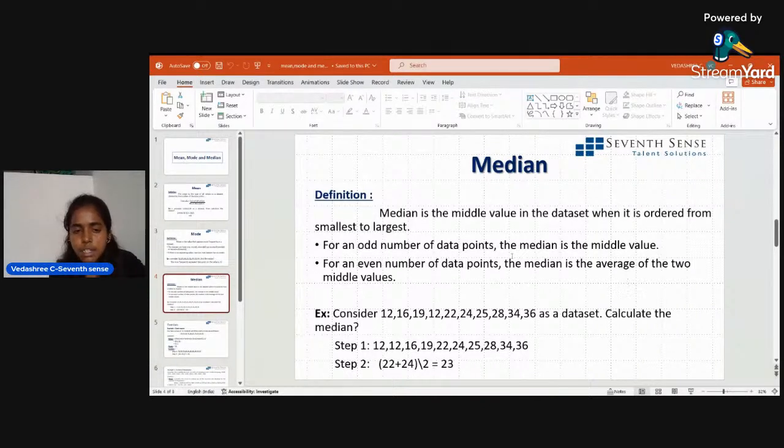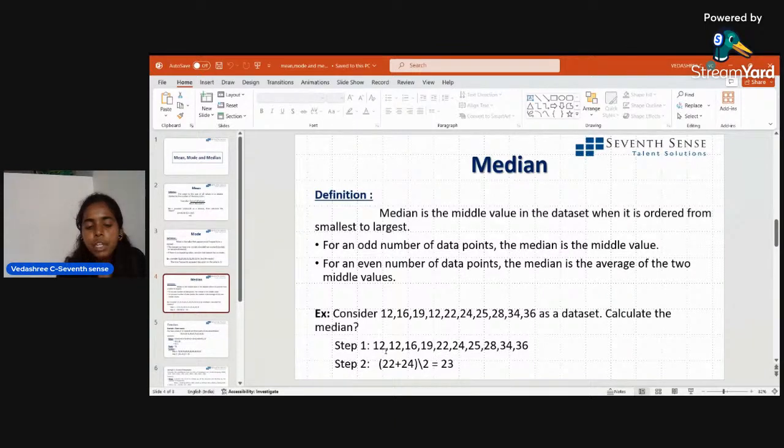The second step is to calculate the middle value. To calculate the middle value, again we use the average formula, of the middle two values.